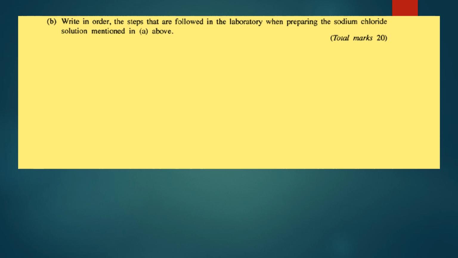Part B. Write in order the steps that are followed in the laboratory when preparing the sodium chloride solution mentioned in A above. First step, measuring 5.85 grams of sodium chloride by triple beam balance accurately.